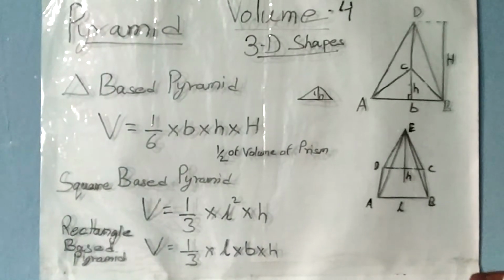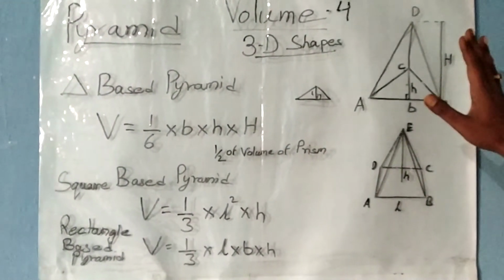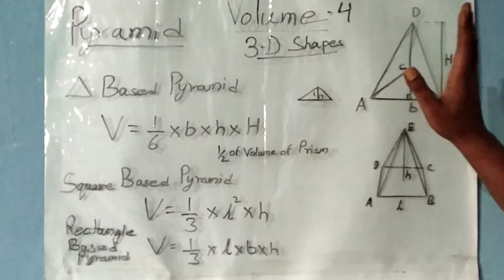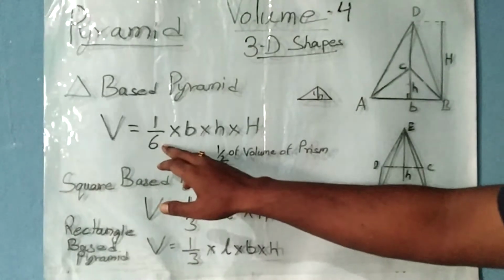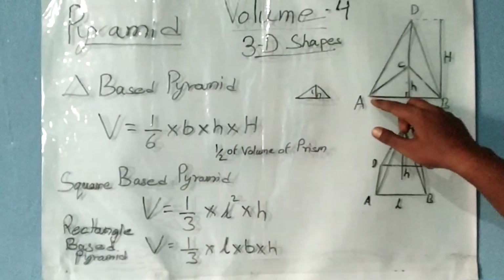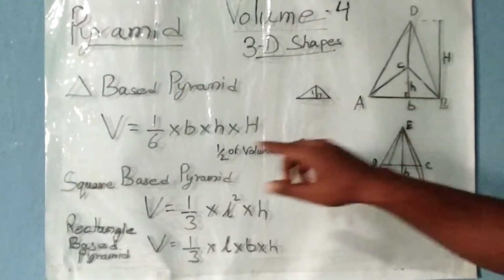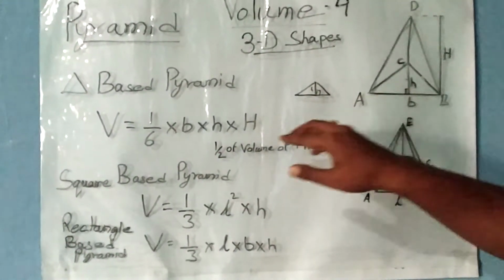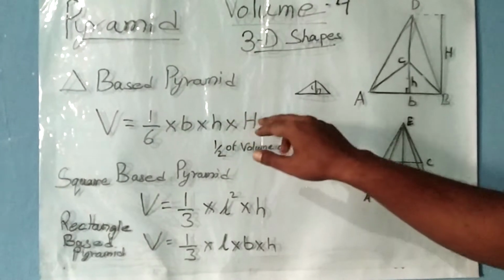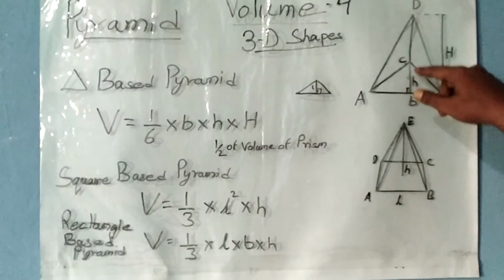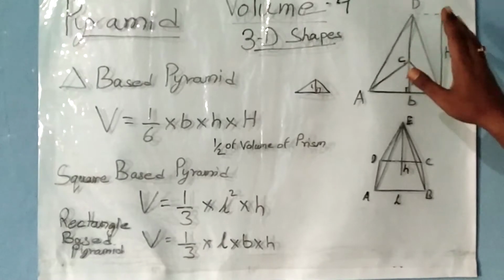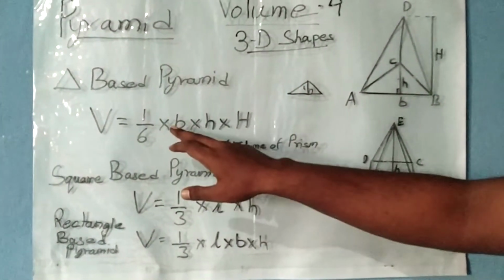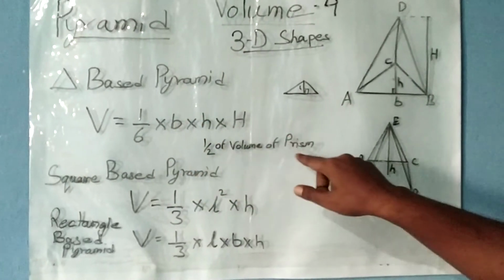If you want to find the volume of the pyramid of triangular base, then the formula will be 1/6 into base, this line is the base of the triangle, into h. This h is the height of the triangle, and into capital H, this height is the height of the pyramid. We have seen that this is half of the volume of the prism.